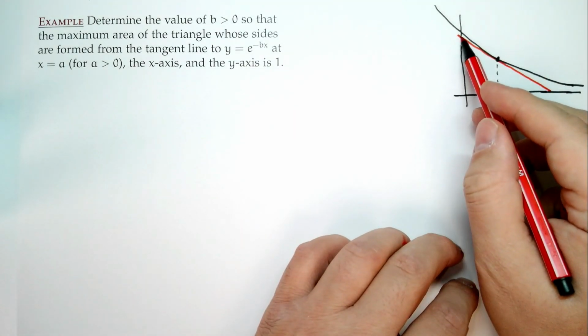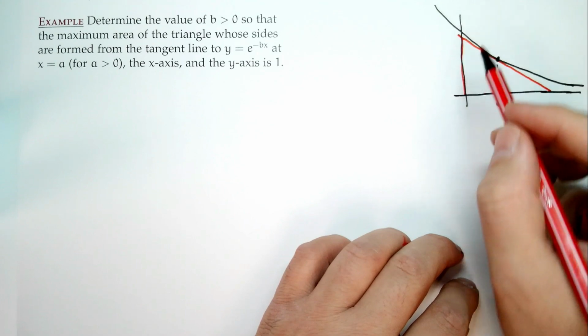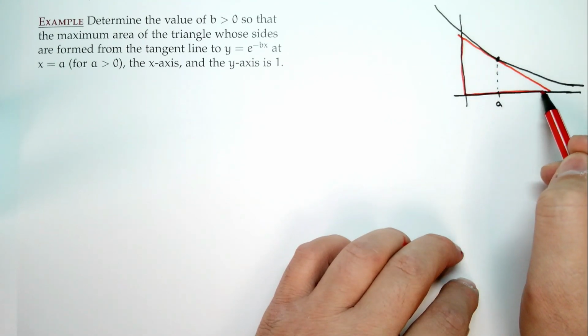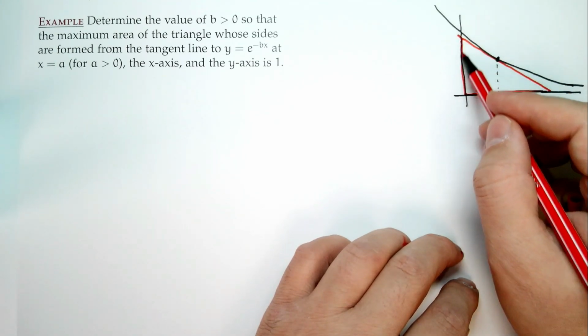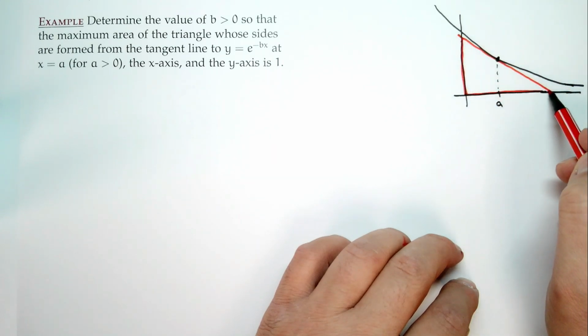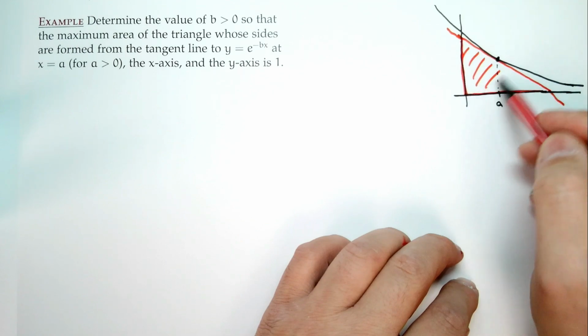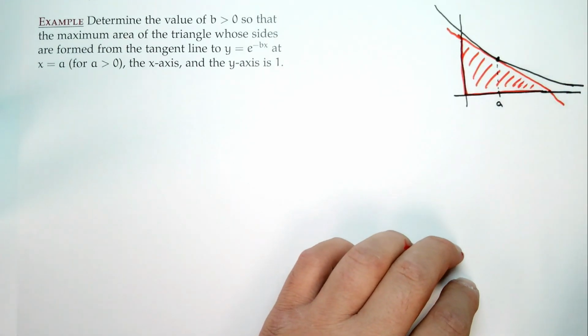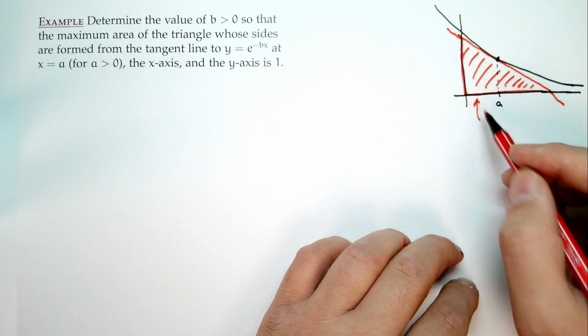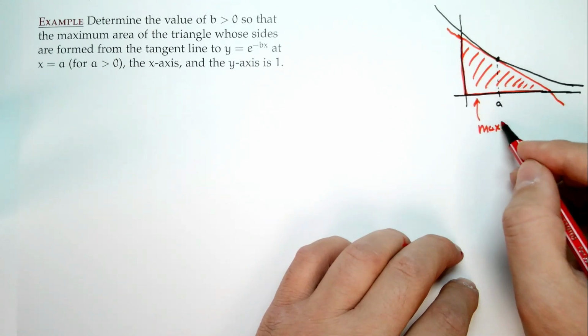And now I form a triangle. Part of my triangle is the x-axis, part of it is the y-axis, and of course the rest of it is the tangent line. And I can say, okay, I want the area of this triangle to be maximized. So let's talk about how I can maximize this area.